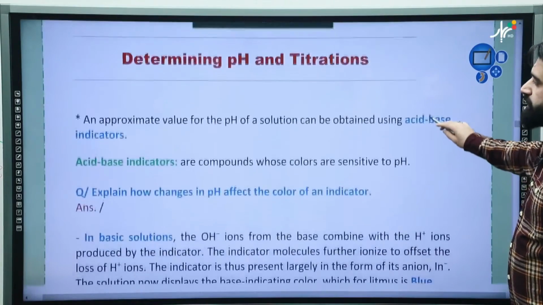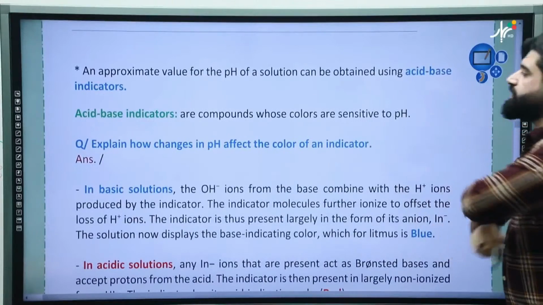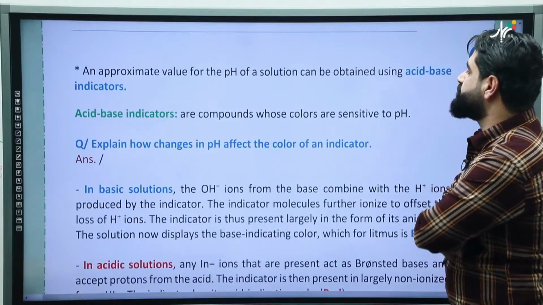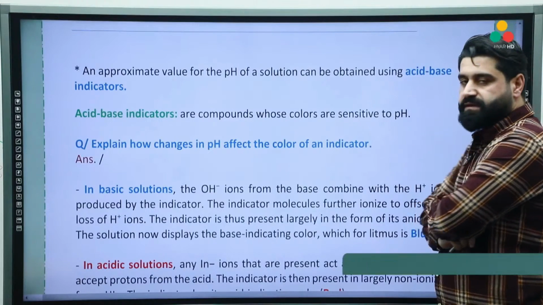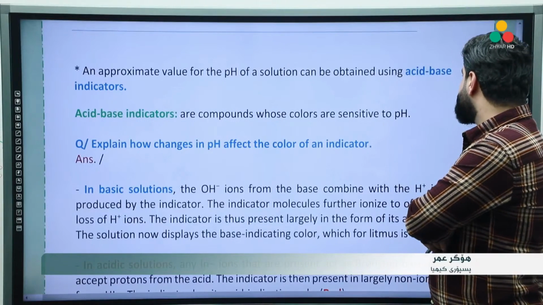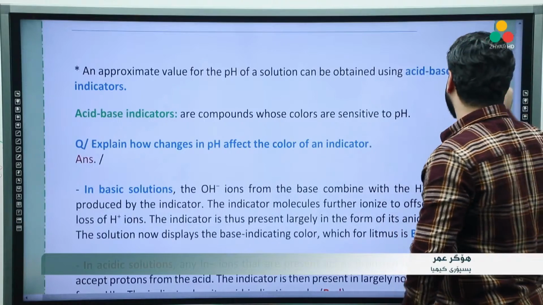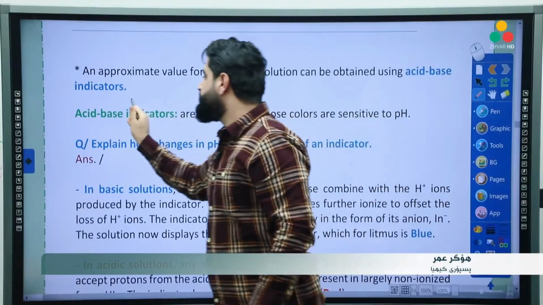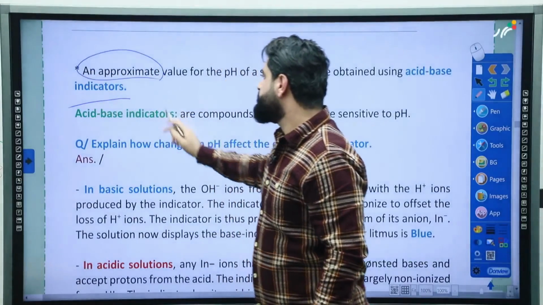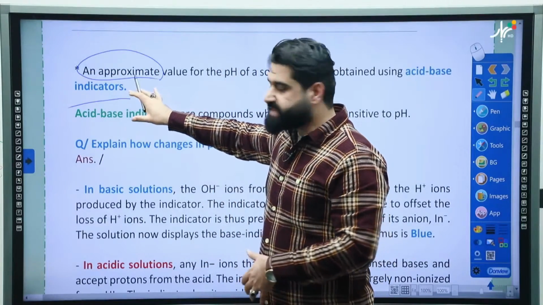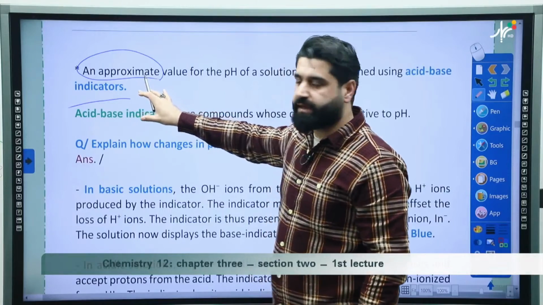An approximate value for the pH of a solution can be determined using an acid-base indicator. So according to the indicators, we can find the approximate value of pH, based on color change.